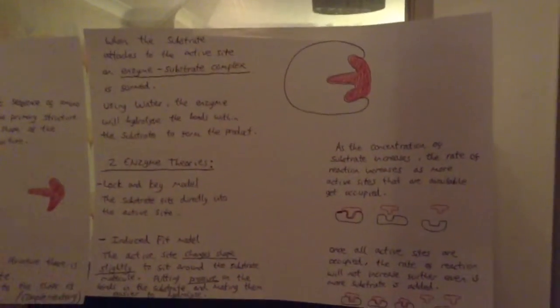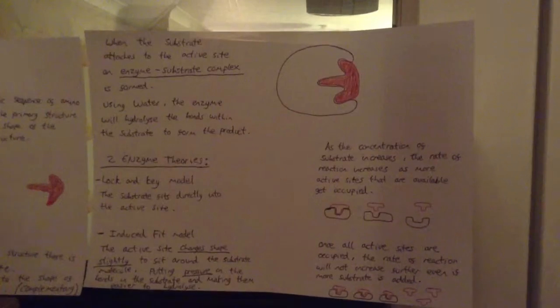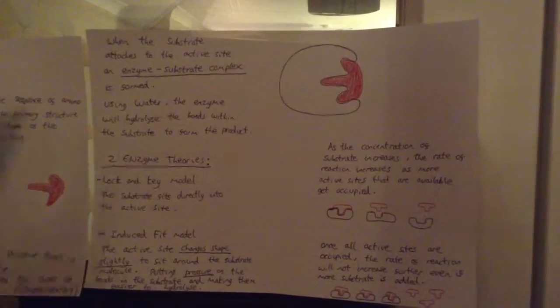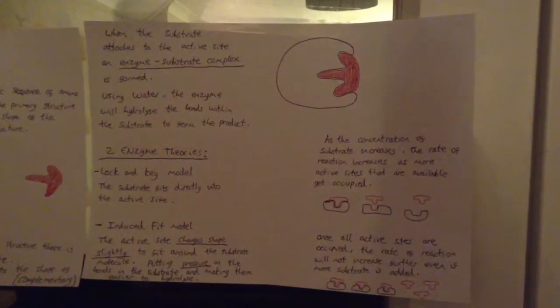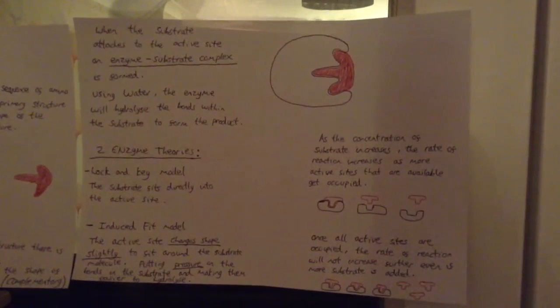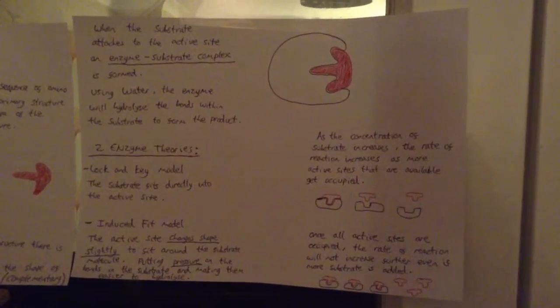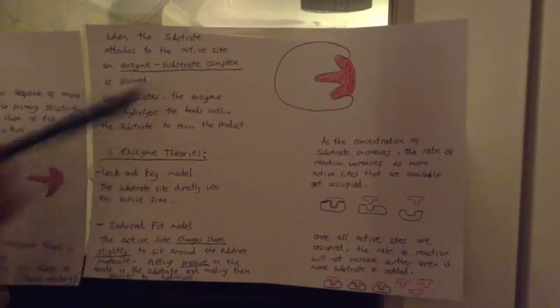And when the substrate does attach to the active site, an enzyme substrate complex is formed. You need to know that phrase for many 3-mark or 4-mark questions you'll get in an exam. So, an enzyme substrate complex.